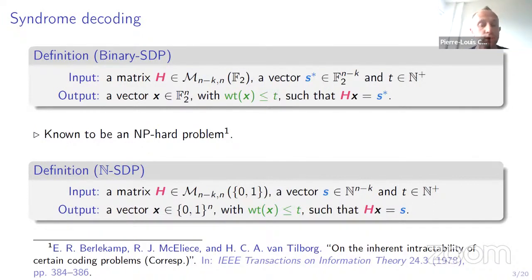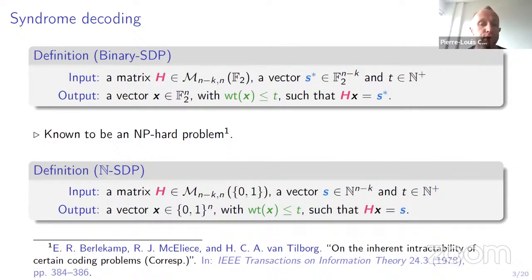It's not really F2, it's just a vector which has value either 0 or 1. And when I compute the product H times x, in this case, I do the sum, the addition of t columns of H, and I obtain the syndrome S, which has values in N between 0 and t.